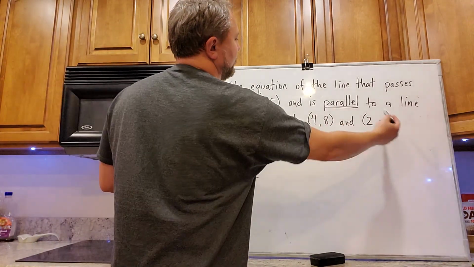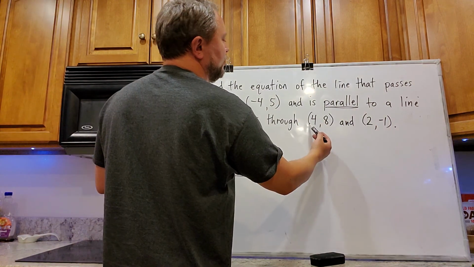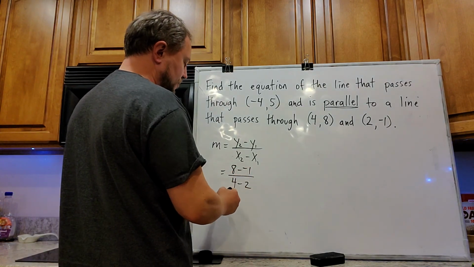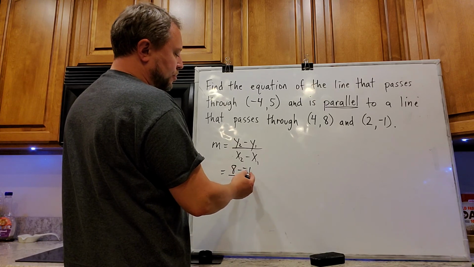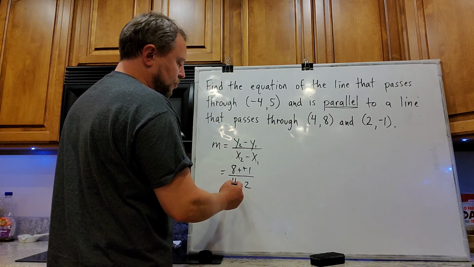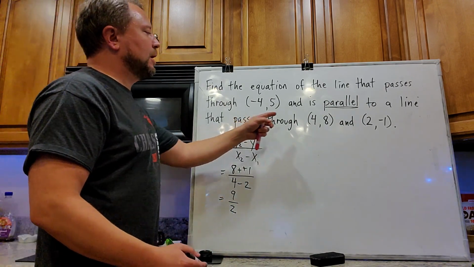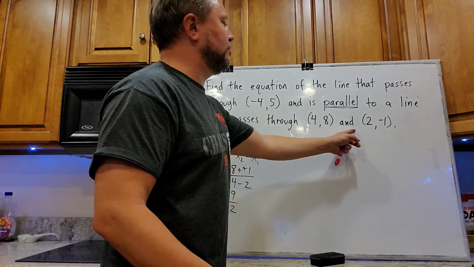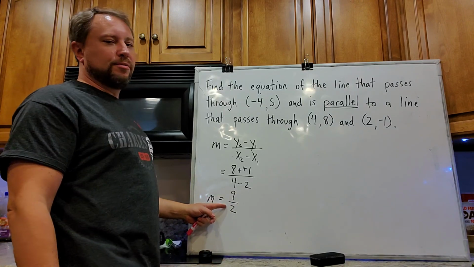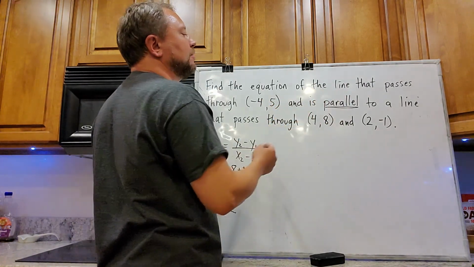Since I'm going left to right, I'll continue the pattern on the bottom and go left to right again: 4 minus 2. Double negative, plus positive, so 8 plus 1 is 9, and 4 minus 2 is 2. So the slope of the line passing through these 2 points is 9 over 2. That's the same slope I'm going to use for my parallel line.